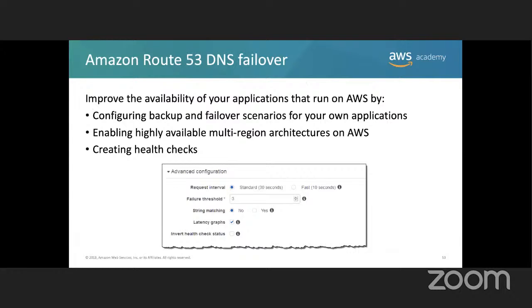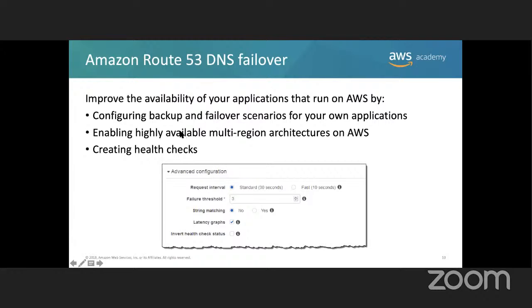Now, failover. This is something that you can do in your console. I cannot show it now because it's not letting me log in. But at least you can see that there's a section in Route 53 where you can configure this.